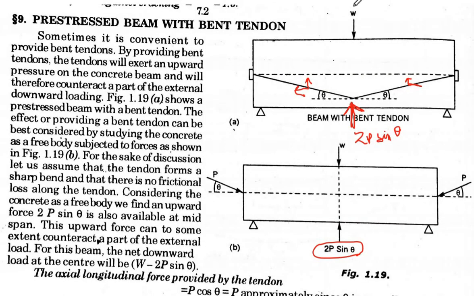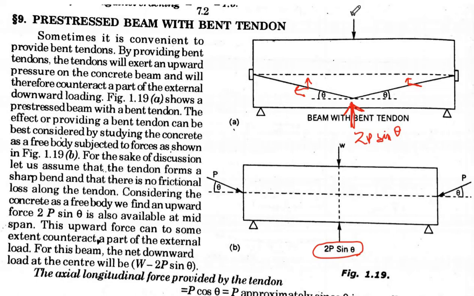Now, the net bending moment. We have the external load here, and this is the upward thrust here. After counterbalancing, the upward thrust is going to counterbalance the external load. So it will be W minus 2P sine theta. W is the total load falling on your beam, and this is the upward thrust which your tendon is giving back against this load.